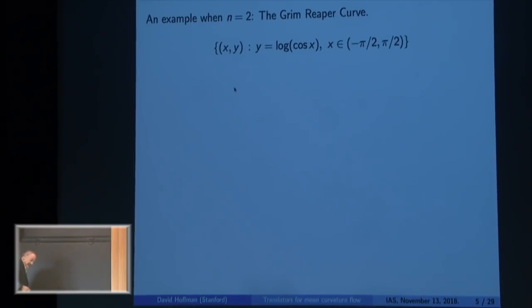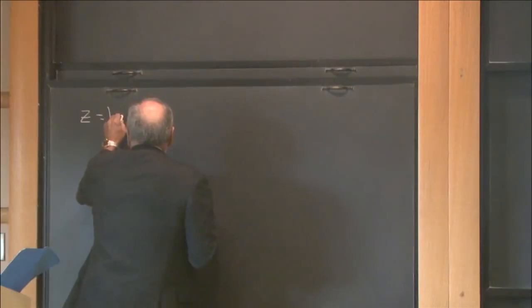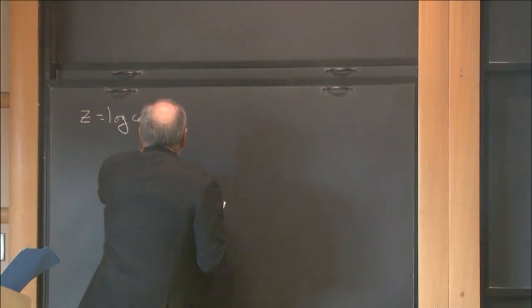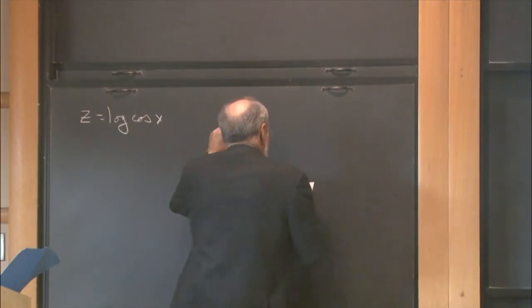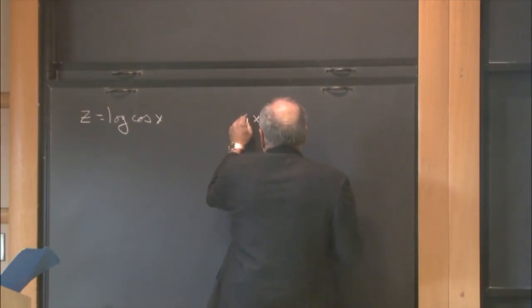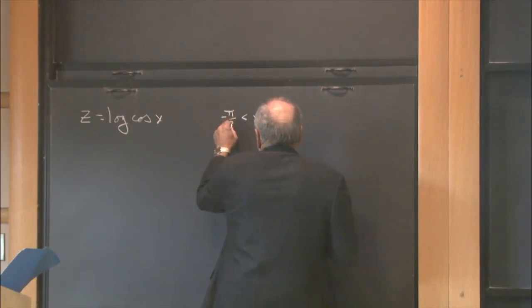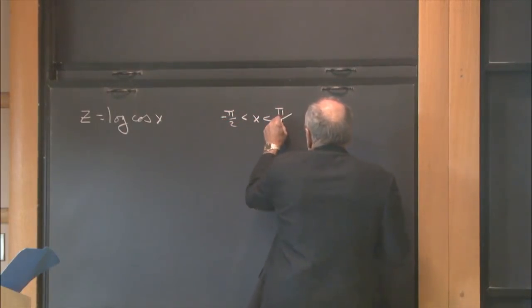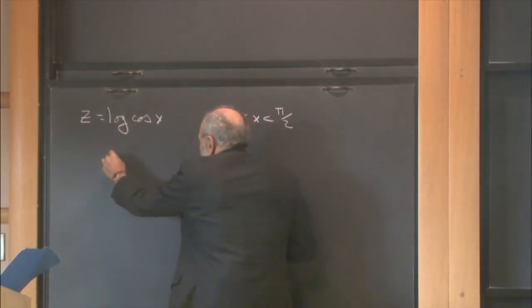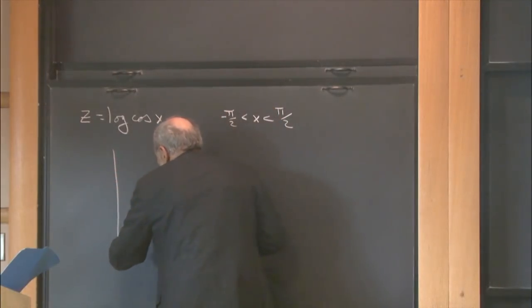Many of you know it, but I think I should start slowly and probably continue slowly. Okay. Let's let z equal log cosine x. And that's defined for x greater than minus pi over 2 and less than pi over 2. And let's look at the graph of that.